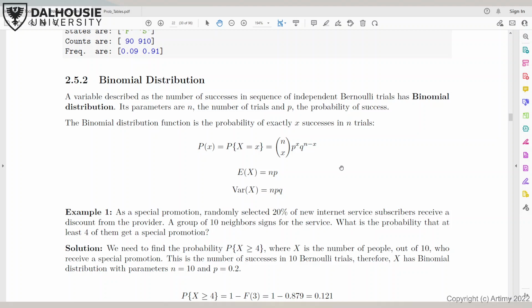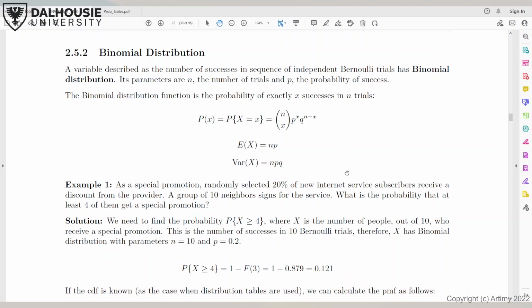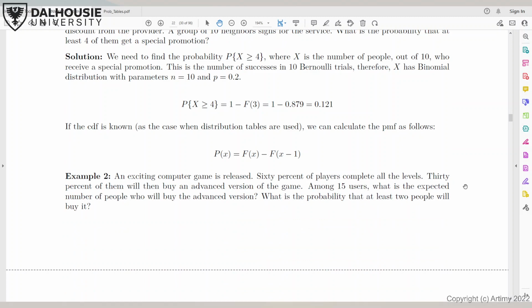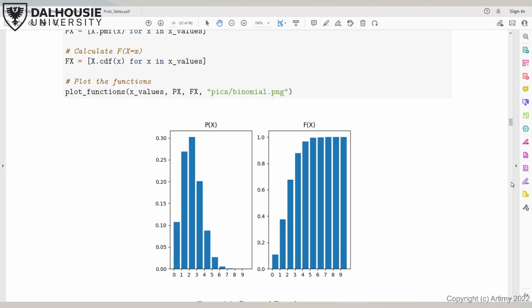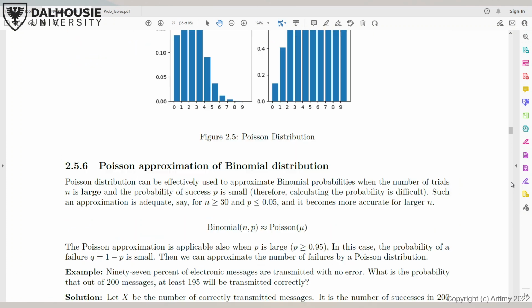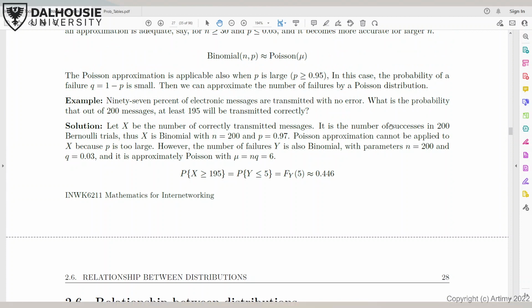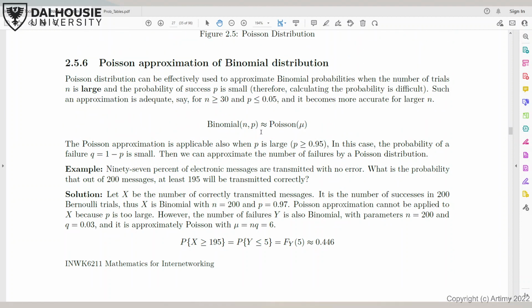But because Poisson can be made to approximate binomial, I can actually use Poisson instead, but with some modifications. So first of all, I have to make sure that n is greater than 30.